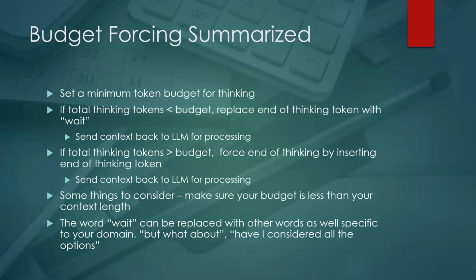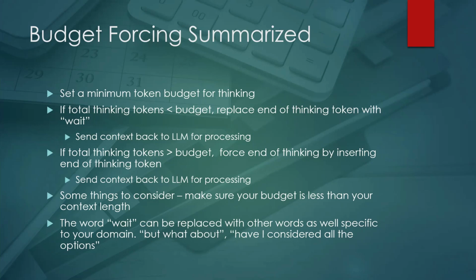Okay, so budget forcing summarized. This is just the heuristic. I just want to go over it again. If you wanted to implement this yourself, you set a variable for the minimum budget. And then during the thinking process, you count all the tokens.